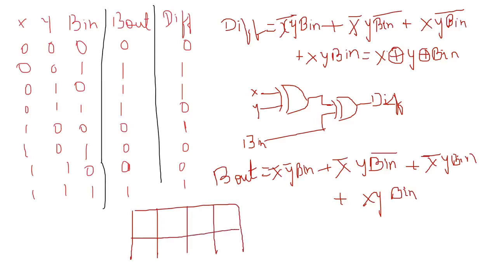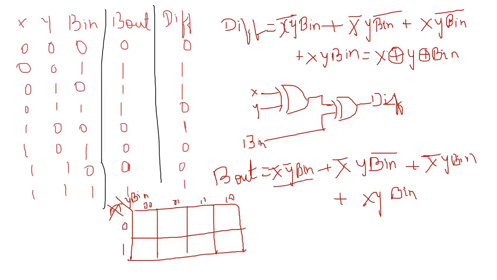Hope you all know how to write K map. This is A or X, this is Y, B in. These are the positions 00, 01, 11, 10, and this is 0, 1. We have X bar, Y bar, B in, right?